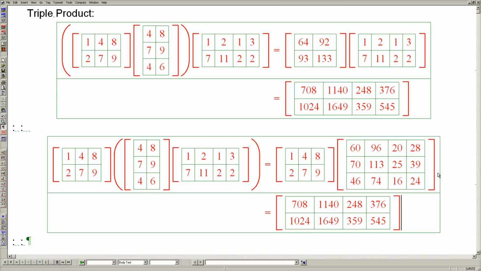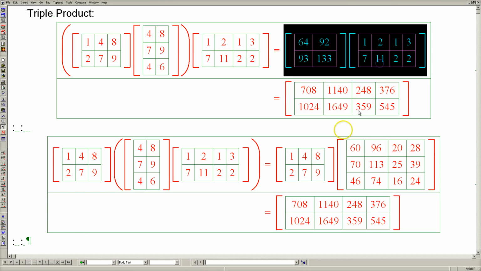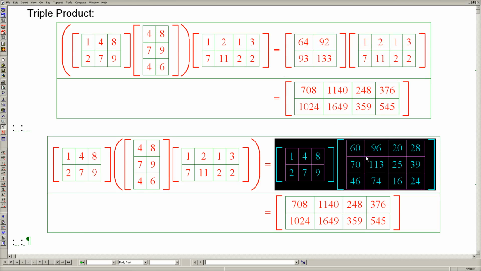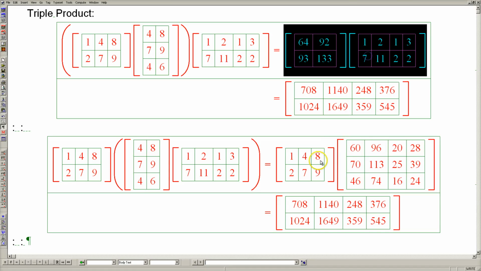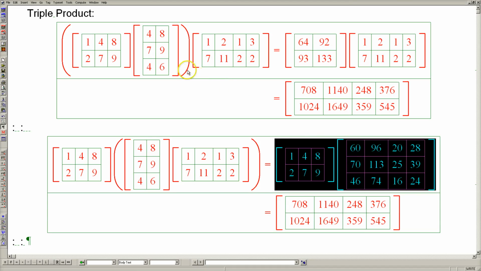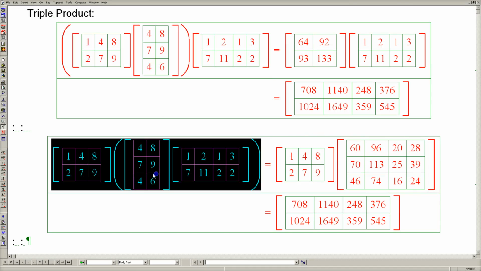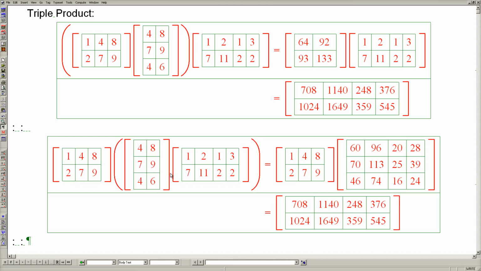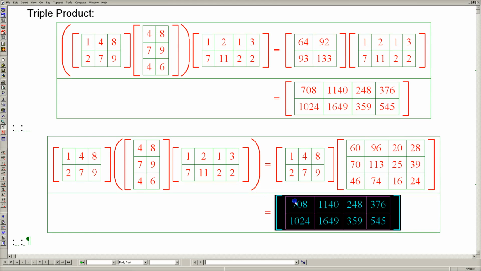So associativity holds. And I think it's very interesting to note that the intermediate matrices could not have been any more different. Well, that's what associativity really means. Even though the intermediate results are completely different, because they come from the same triple product of the matrices, the only difference being the order of the operations, the result will be the same.